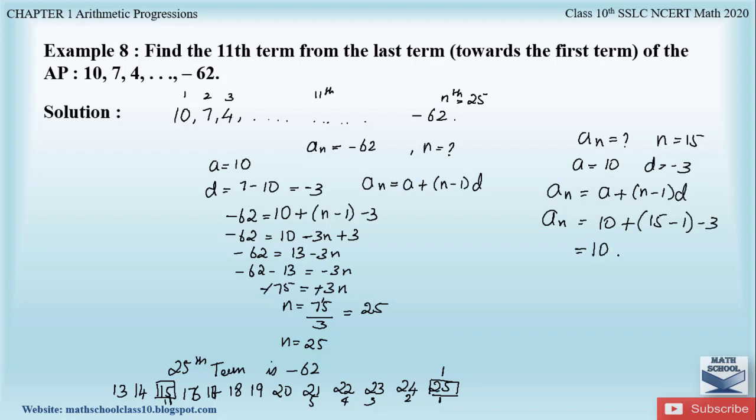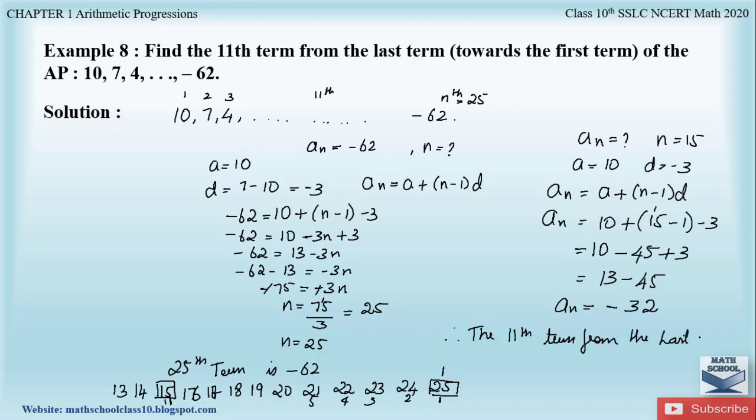So we will get 10 minus 15 into 3: 5 3s are 15, carry 1, 3 1s are 3, 4, so 45 plus 3, that will be 13 minus 45, or minus sign here. So 5 minus 3, subtracting the values, 5 minus 3 is 2 and 4 minus 1 is 3. a_n value is equal to minus 42. Therefore we can say that the 11th term from the last term of the AP is minus 42.